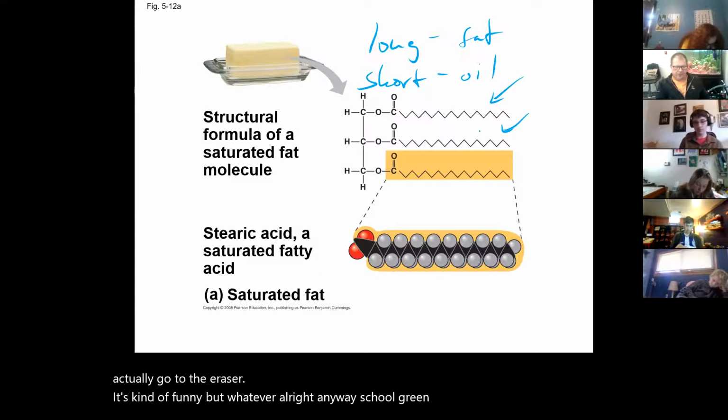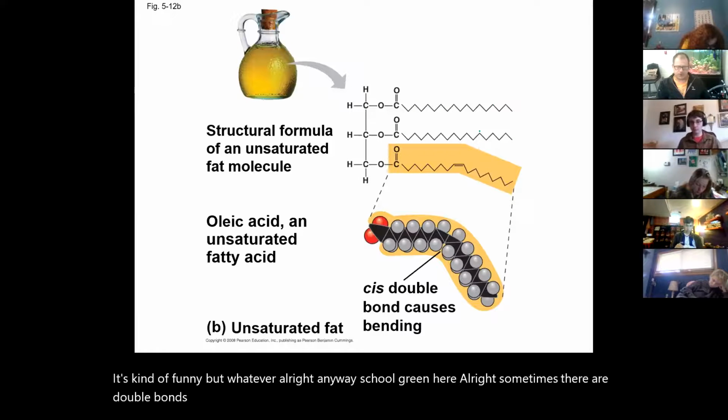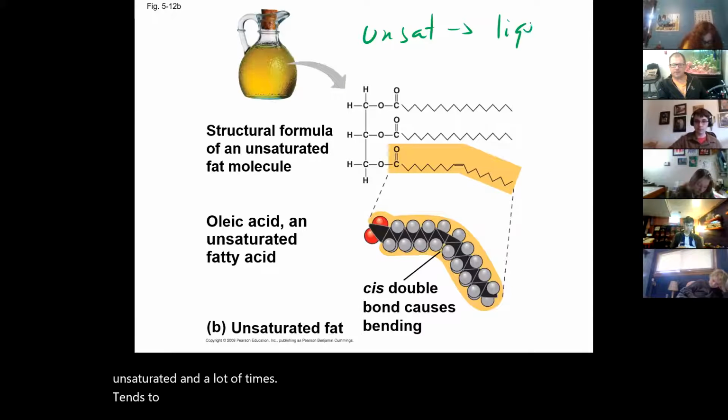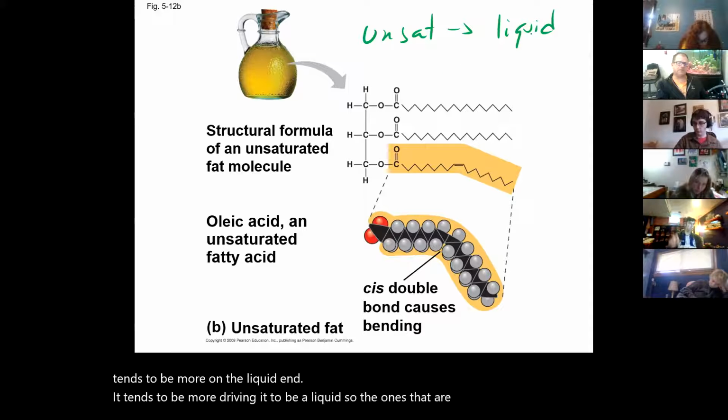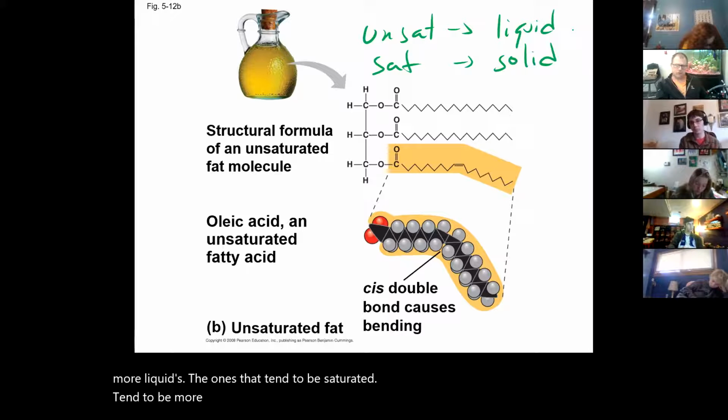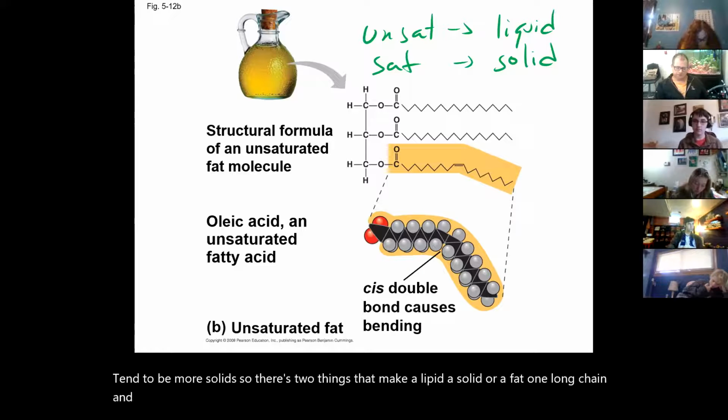Sometimes there are double bonds, so then we say they're unsaturated. So if we throw a double bond in, it's unsaturated. A lot of times, unsaturated tends to be more on the liquid end. The ones that are very unsaturated tend to be more liquids. The ones that tend to be saturated tend to be more solids. So there are 2 things that make a lipid a solid or a fat: 1, long chain, and 2, saturated.